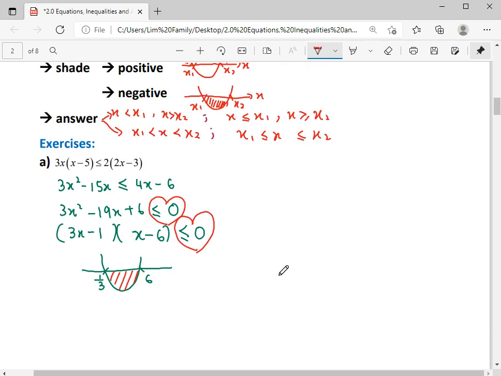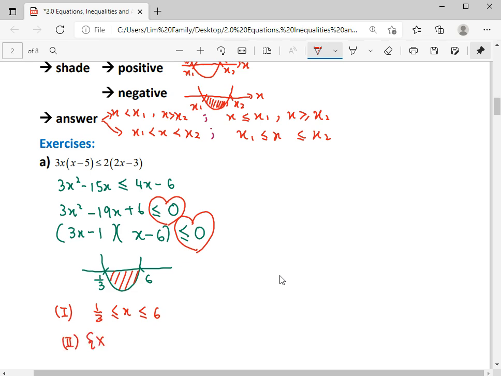So this answer will be 1 over 3 less than or equal to x, less than or equal to 6. We follow the question, which has equal. So this is the first form of our answer, which is inequality form.